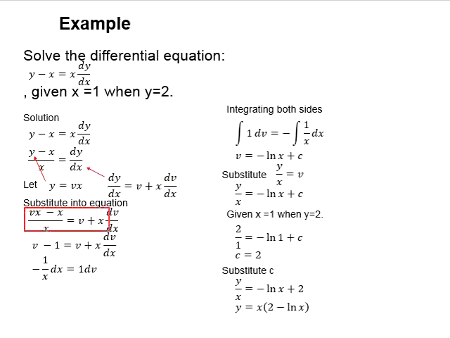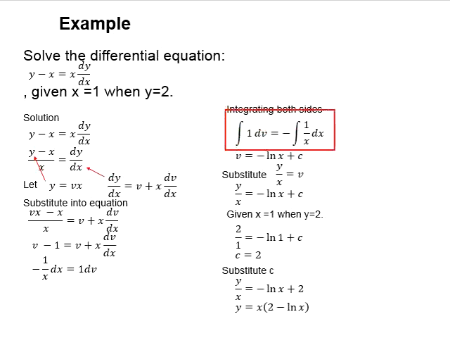This gives you these equations, and you will need to rearrange and simplify the equations so that the variables are separated. Now you have the dx on one side and dv on the other side.